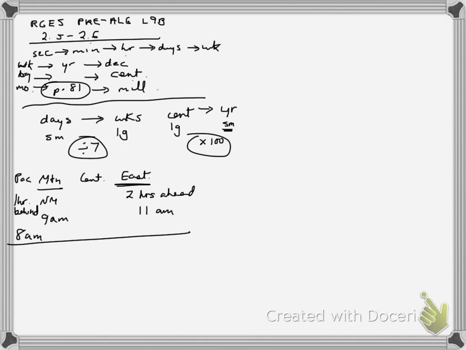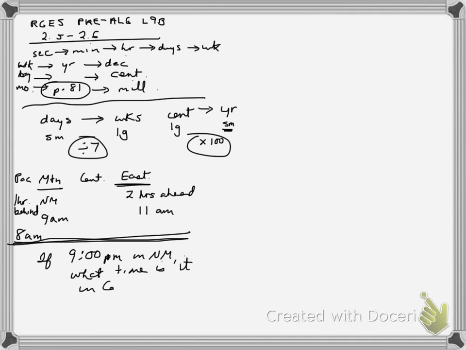I'm not assigning the problems for time zone on page 83, but I could expect to ask you a question: if it is 9 p.m. in New Mexico, what time is it in California?